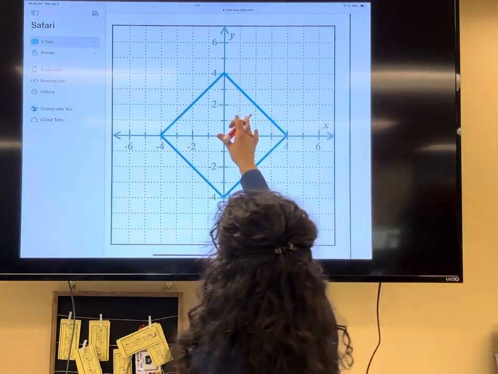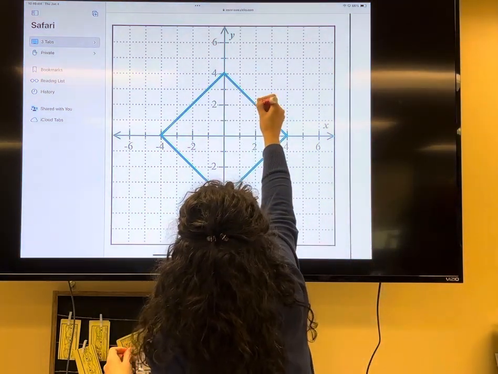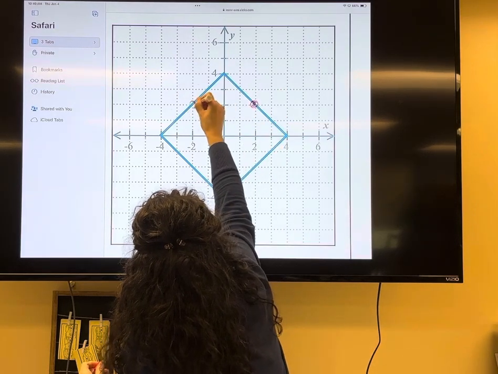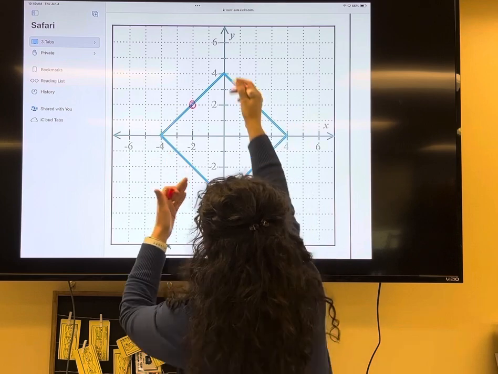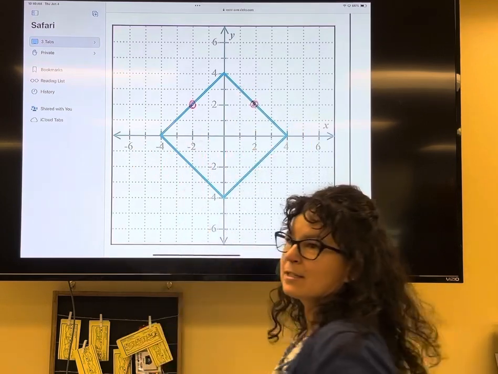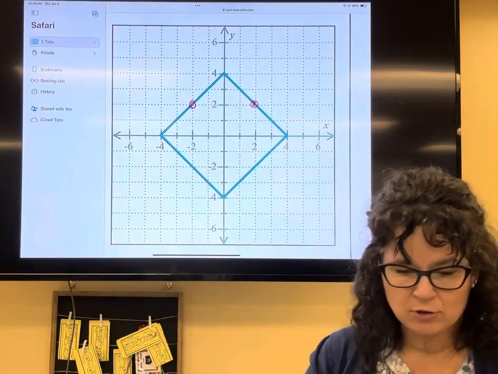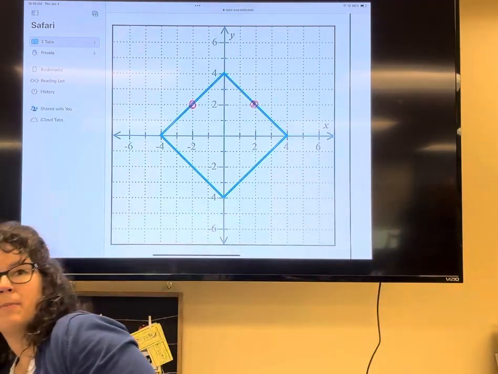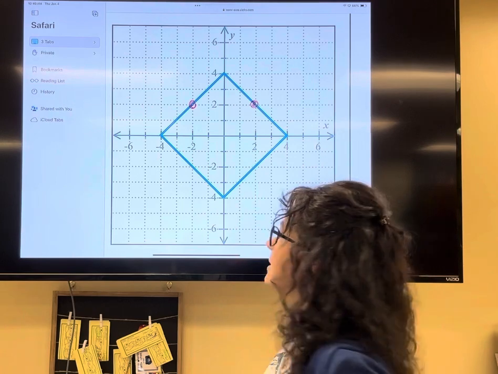This one is symmetrical to the y-axis because if I take this point and I jump it across the y-axis, it's over here. If I fold along that y-axis, everything's gonna match up. But it's also symmetrical to the x-axis.